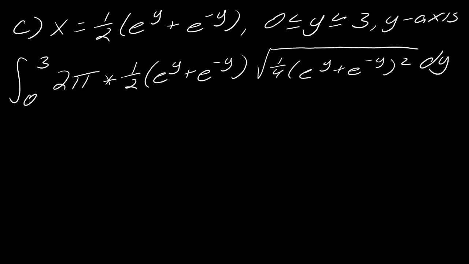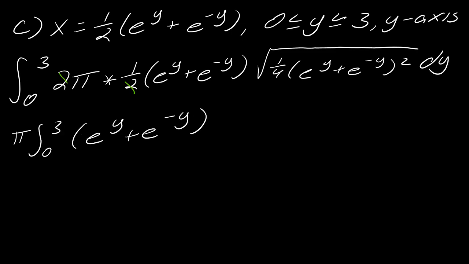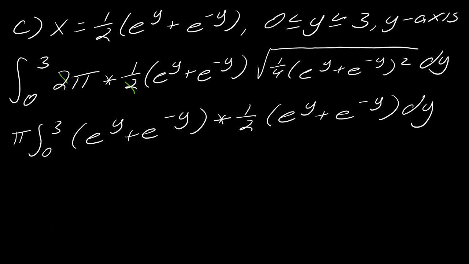First of all, let's note these 2's are going to cancel out, and I'll bring the pi out. So now I'm left with e to the y plus e to the negative y. The square root of 1/4 is 1/2, and then this is just e to the y plus e to the negative y, and all of that times dy.